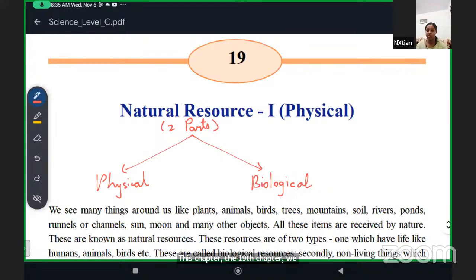What's the difference between physical and biological? Both physical and biological are natural resources.